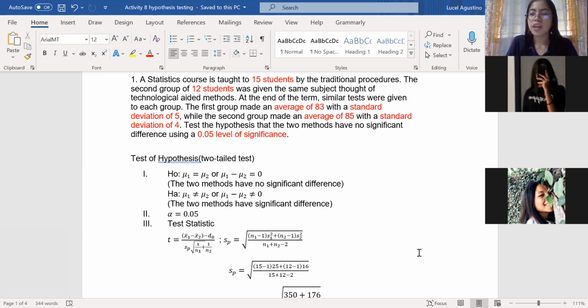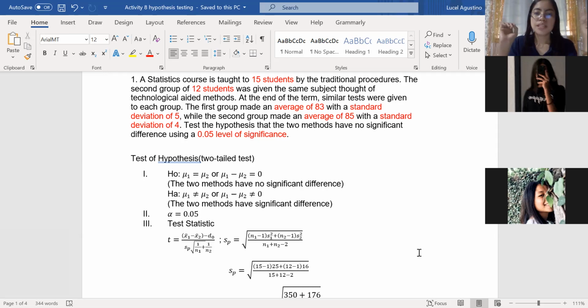But if you have a lot of data, let's say 500 or 200, it is no longer efficient to use manual computation and we need software. But for the sake of demonstration, one group of 15 students and another group of 12 students each have their own average score and their own, different standard deviation.